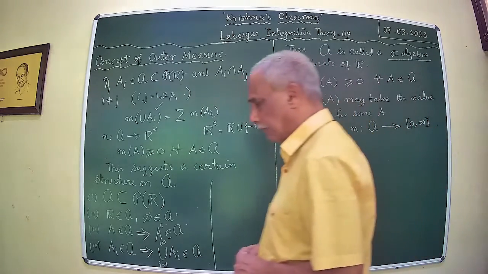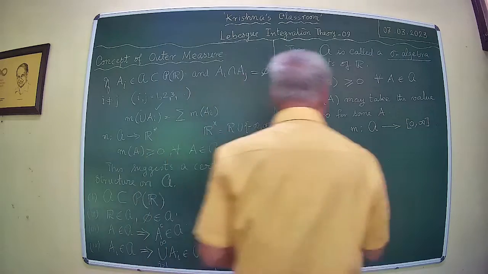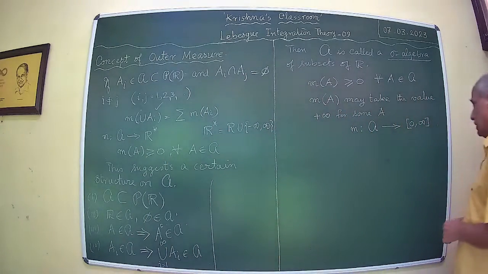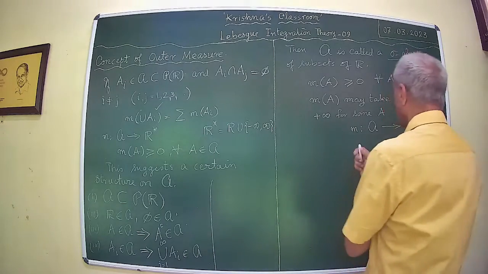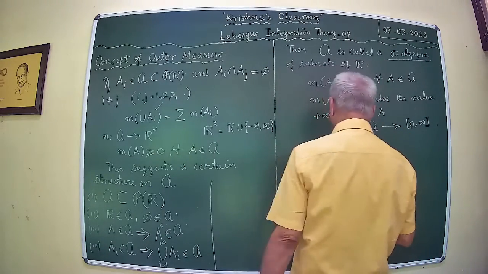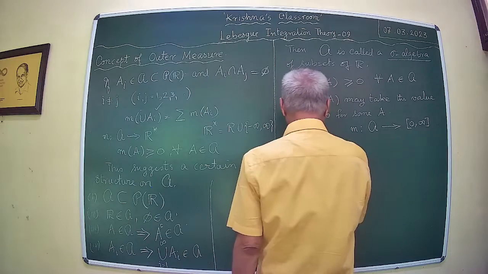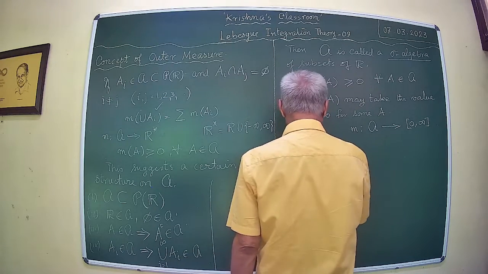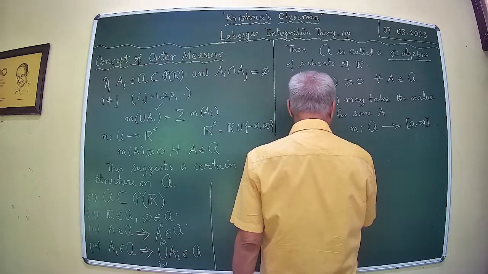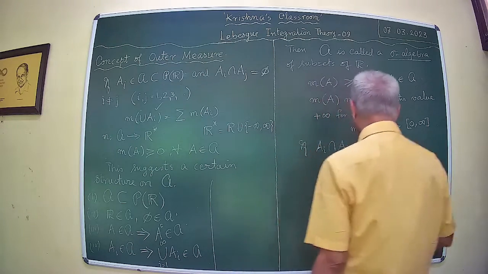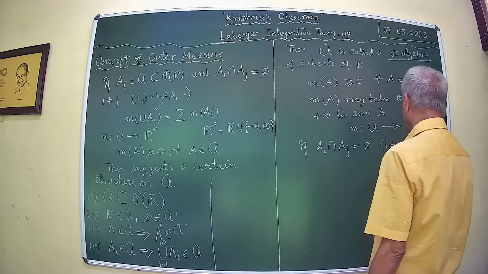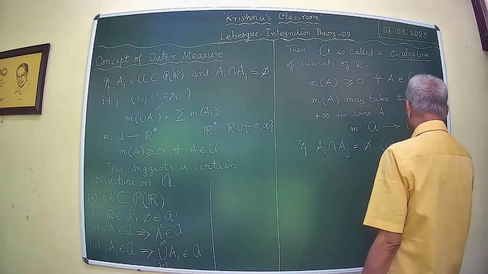So m may take infinite value, plus infinity also, on some subsets of R. Then you should have the following property, namely that if A_i intersection A_j is empty for i not equal to j, then m of union A_i equals sigma m of A_i.